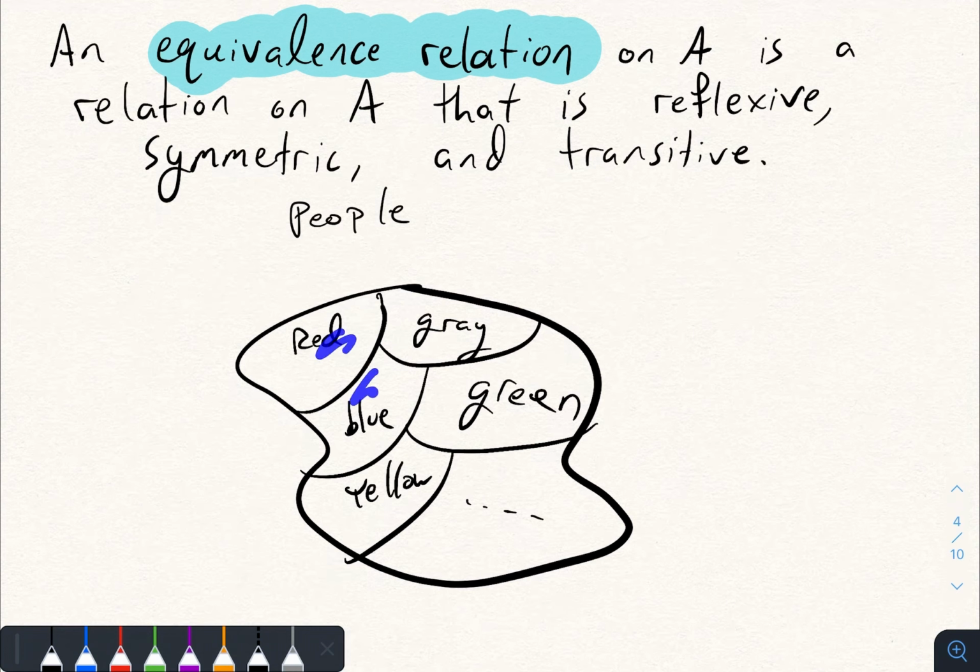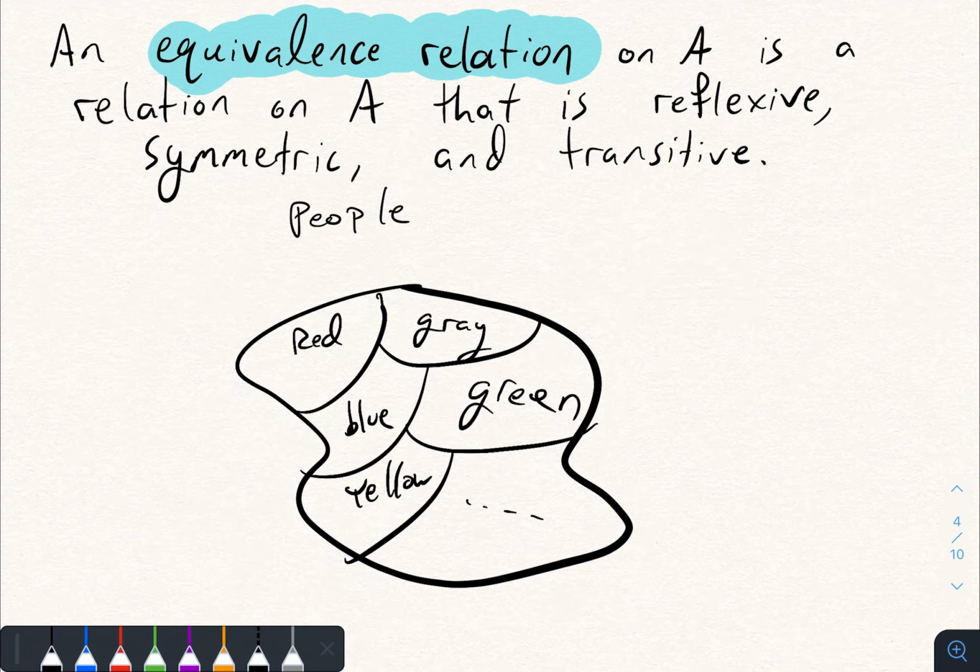And there's going to be no overlap between these sets. I guess you could say if I'm wearing a blue and red shirt, you would just pick whatever color is more prominent, like it's more blue than the other color. So there's not going to be any overlap between these sets, and so you can really just say everyone is going to be in one of these sets corresponding to that color.